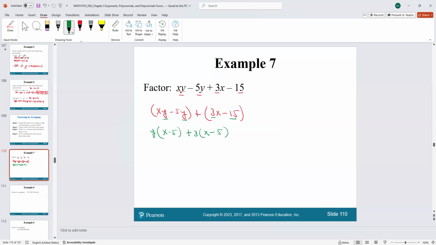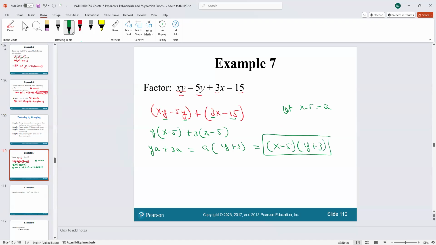And surprisingly now, remember when I said let x minus 5 equal a, I just put a letter. But once you understand it, we can just figure it out. So ya plus 3a gives us a factor y plus 3. What is a? x minus 5 times y plus 3 would be the answer. Okay, I'm hoping that x minus 5 and y plus 3 is the common one.